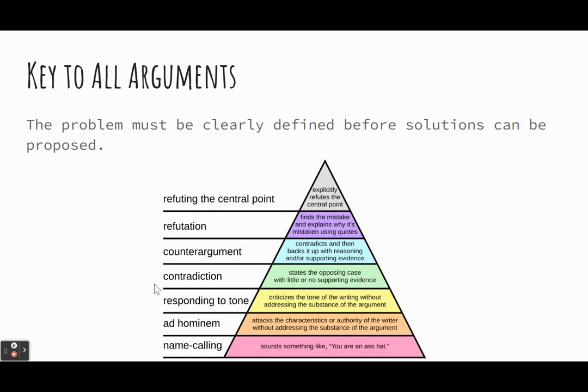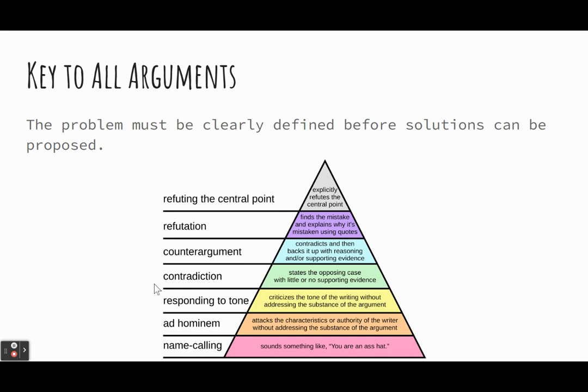And again, I want to go back to the beginning. I believe that everything's an argument. And I believe that an argument of definition is extremely important because if the problem is not clearly defined, no solution can be proposed. And if that's the case, we're not dealing with counter arguments and refutations and getting to the crux of the matter and refuting the crux of the part.